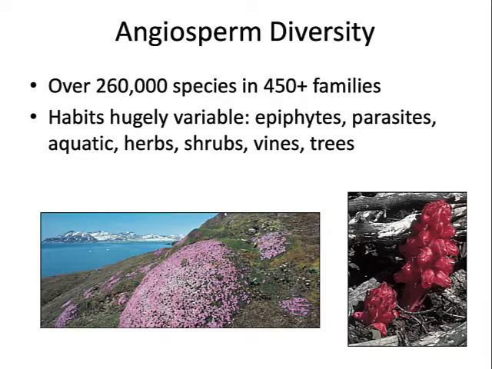Angiosperms are hugely diverse. They are one of the major groups of the seed plants that are currently found on our planet today, and they have over 260,000 living species that are found in over 450 different families. They occupy every habitat on Earth except for extreme environments such as the highest mountaintops or regions where there's just too much ice.